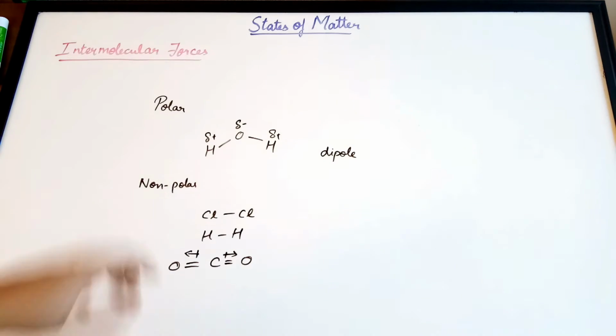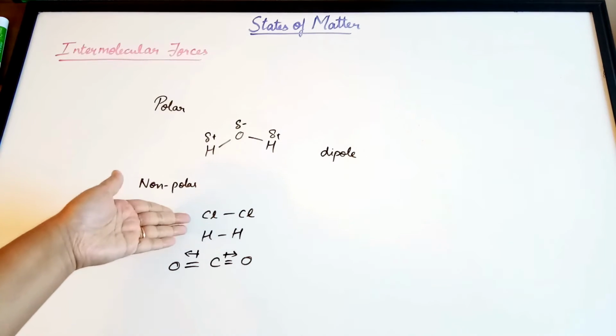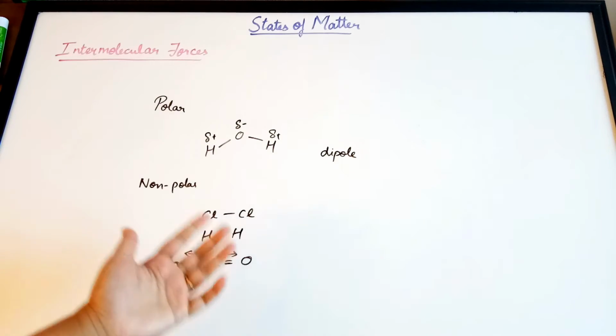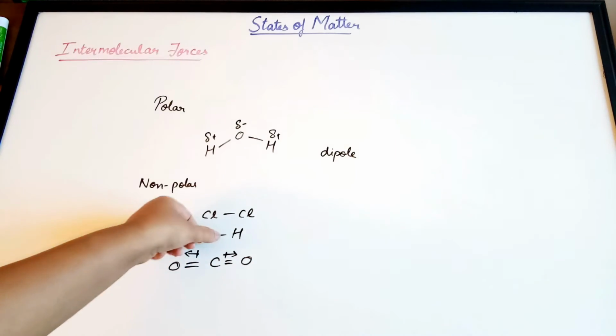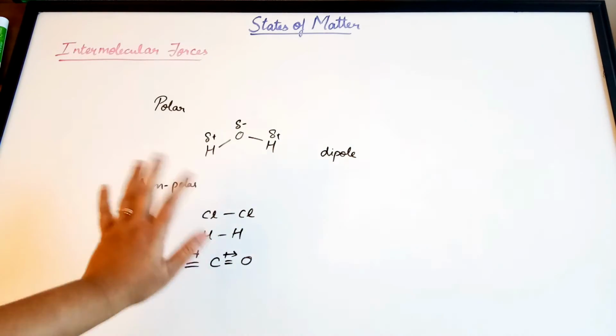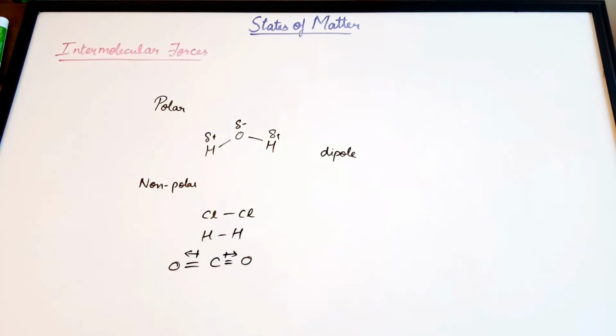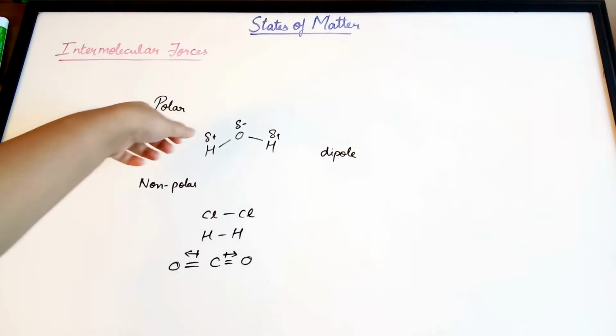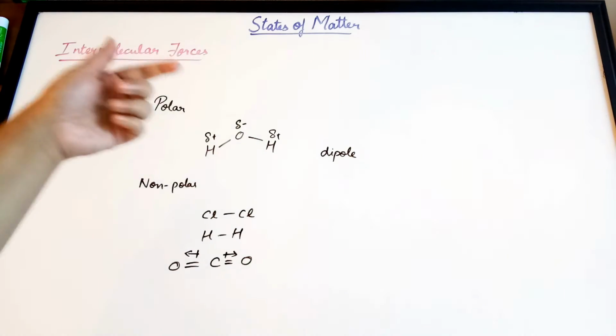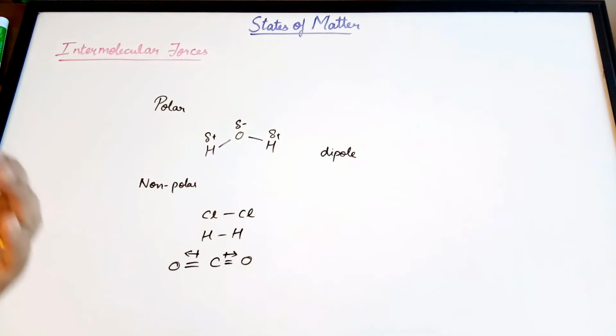In these molecules, on the other hand, both atoms have equal electronegativity, so the electrons are shared between the two atoms equally, whereas in a polar molecule, you have a more electronegative atom that tends to pull the electrons towards itself.